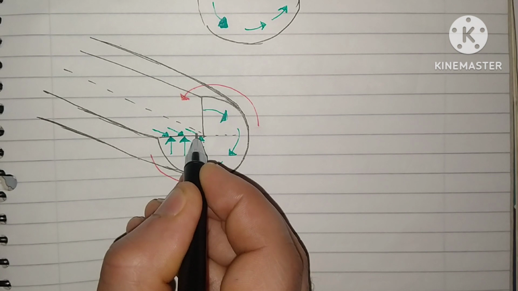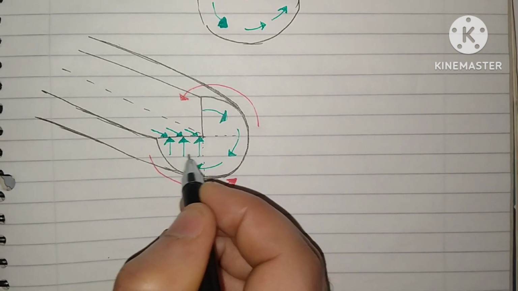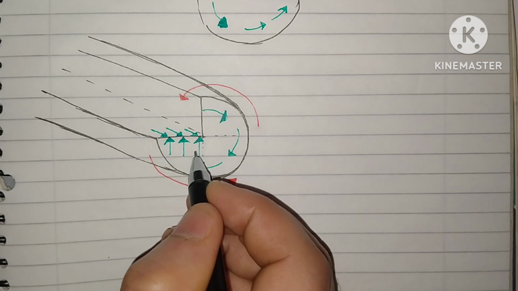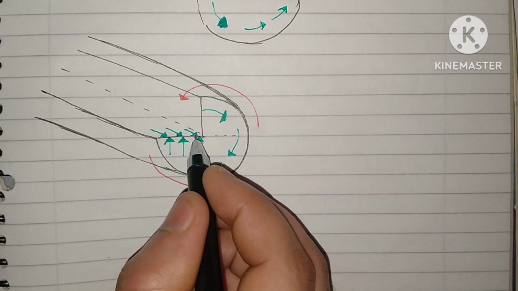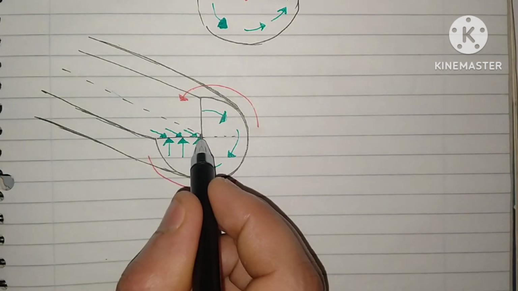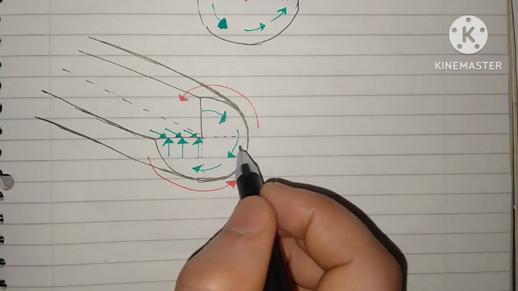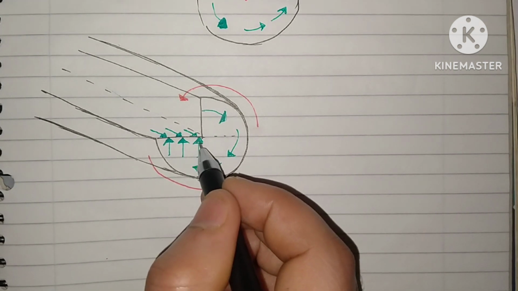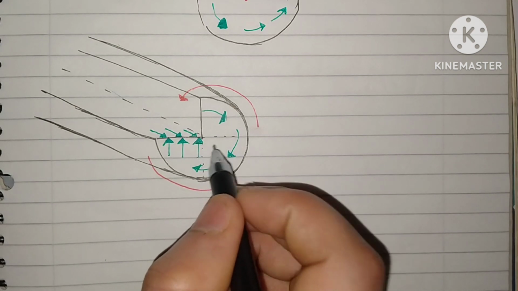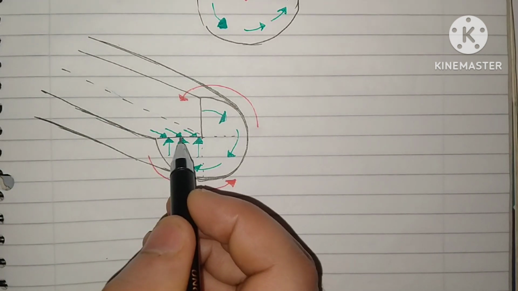These are the conjugate shear stresses. These are called the longitudinal shear stresses, and these are called the transverse shear stresses, because these act in the transverse direction and these act in the longitudinal direction, because this is the longitudinal axis and these two are transverse axes. The stresses which are acting along the transverse axis are called the transverse shear stresses, and stresses which are acting in the direction of the longitudinal axis are called the longitudinal shear stresses.